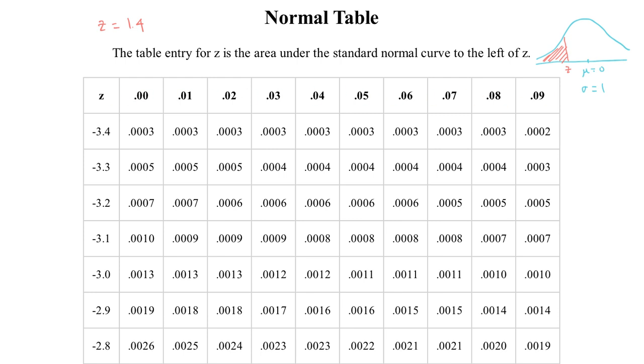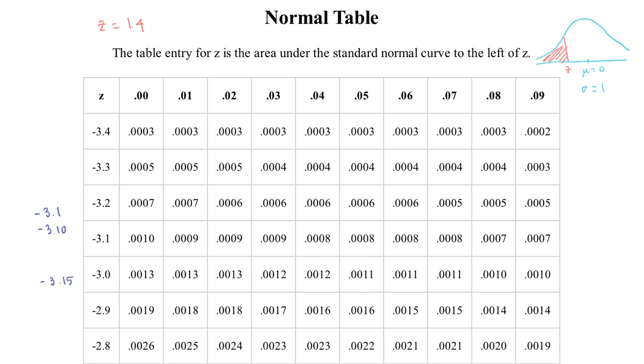For example, if the z-score is minus 3.1, then this is minus 3.10. We would go to the first column to get minus 3.1, and we would go to the first row to get the 100th place, which is 0. And so the area on the left-hand side of minus 3.1 is 0.0010.